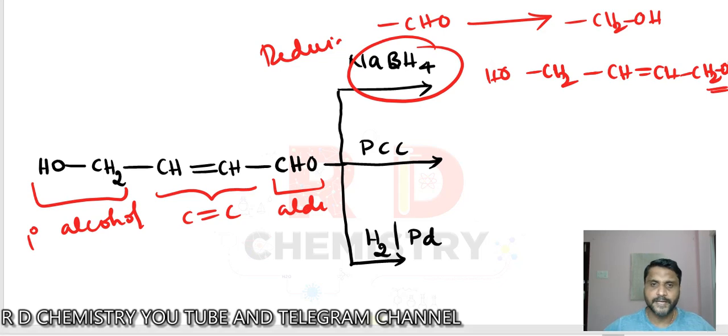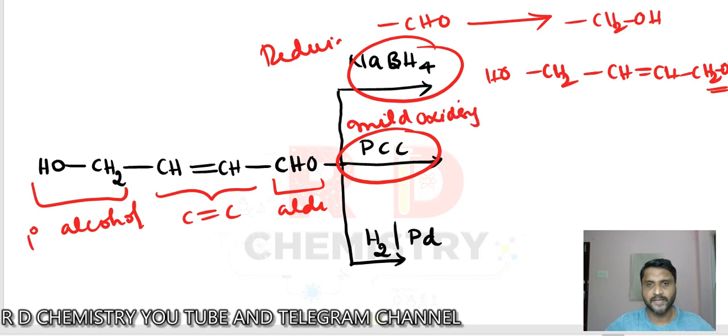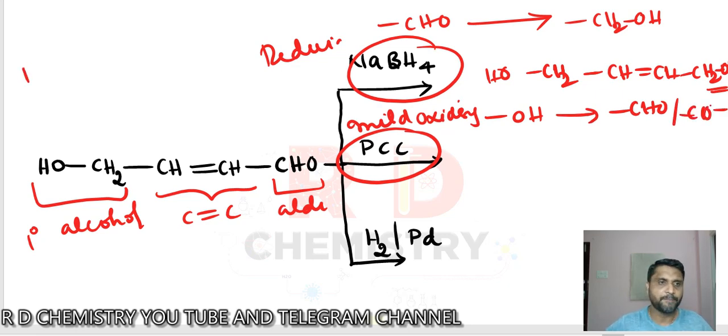This becomes a primary alcohol. Is that clear? Okay. Next one, PCC. What is PCC? PCC is a mild oxidizing agent, and it will oxidize only the alcohol, either to the aldehyde or to the ketone depending on the type of alcohol. Remember, primary alcohols are oxidized to give aldehyde.